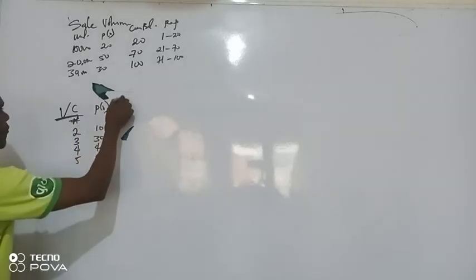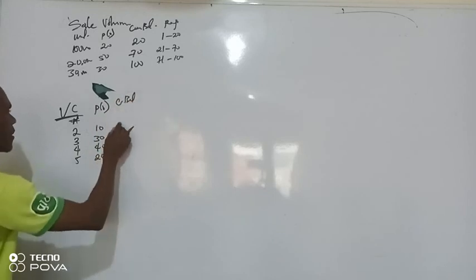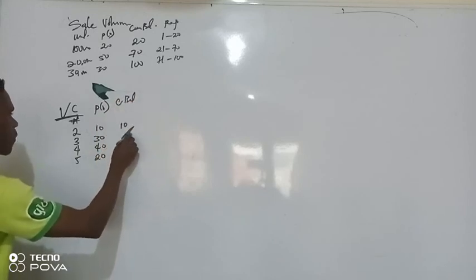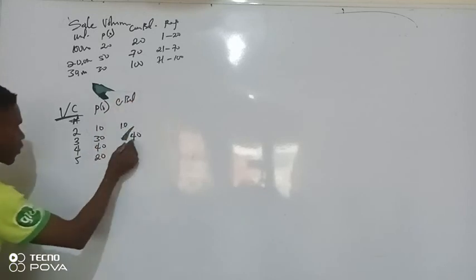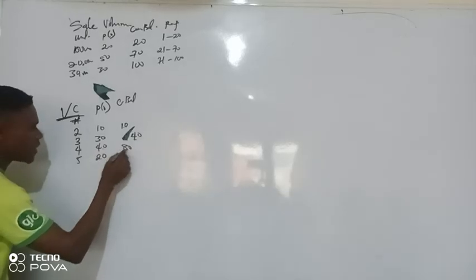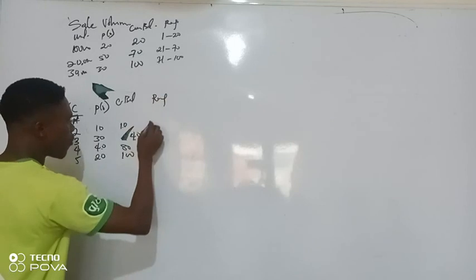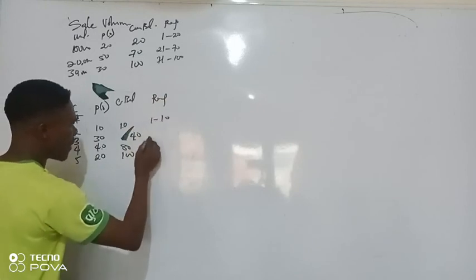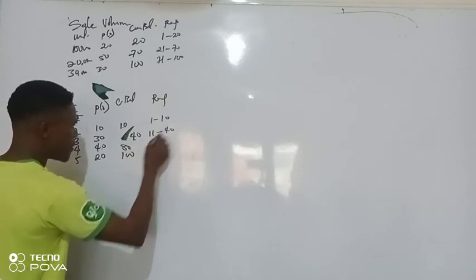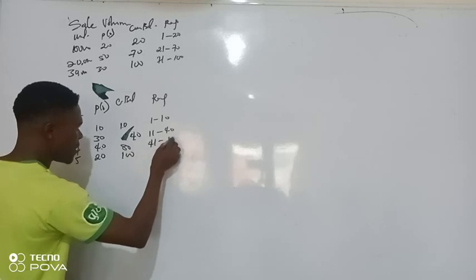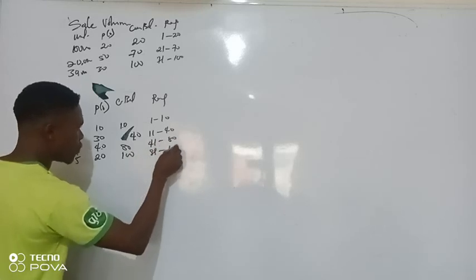Do your cumulative balance first. That will be 10, then 10 plus 30 is 40, 40 plus 40 is 80, 80 plus 20 is 100. Then do your range: 1 to 10, 11 to 40, 41 to 80, 81 to 100.